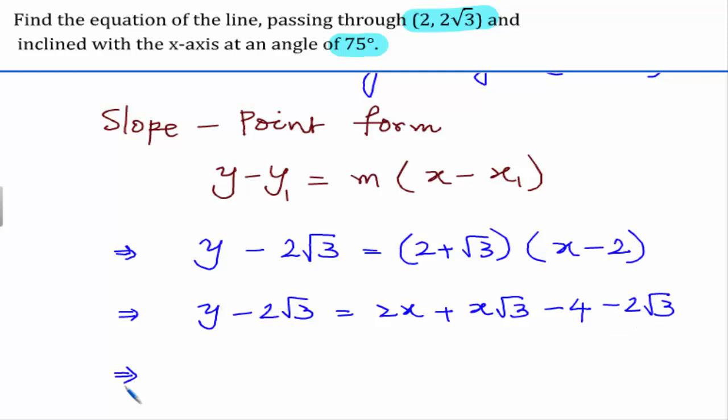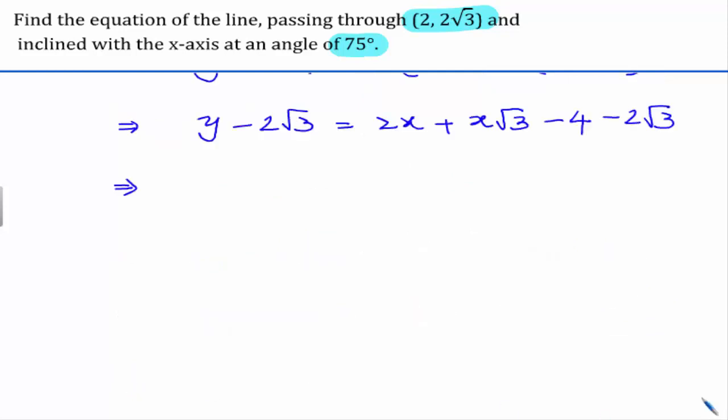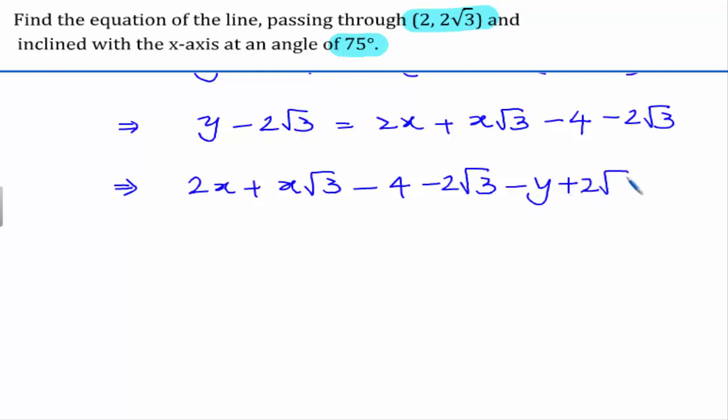Now let us write all the terms on one side. We get 2x plus x root 3 minus 4 minus 2 root 3 minus y plus 2 root 3 is equal to 0. Here 2 root 3 minus 2 root 3 gets cancelled.